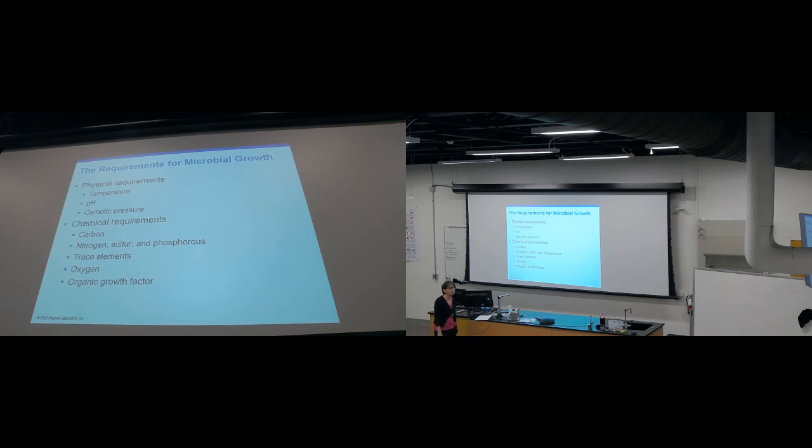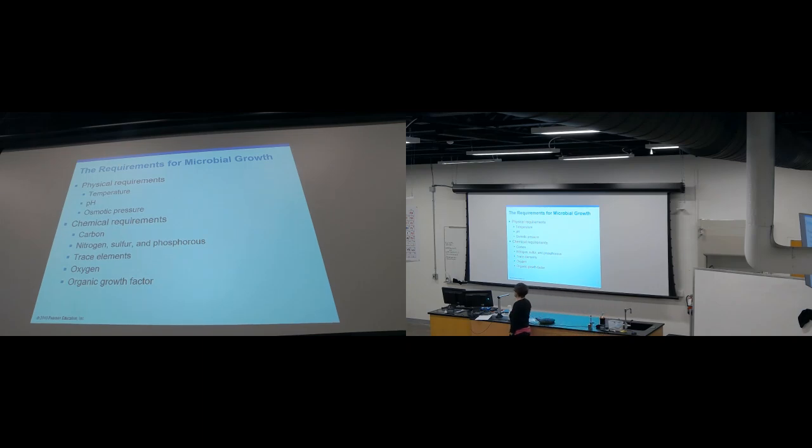What does the bacteria need to grow? It has physical and chemical requirements. Physical requirements include a specific temperature that is preferred by the bacteria, and that allows the bacteria to perform its metabolic reactions. The bacteria also require a particular concentration of hydrogen ions within the environment, that's pH.